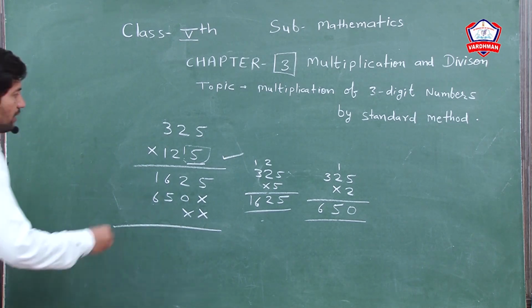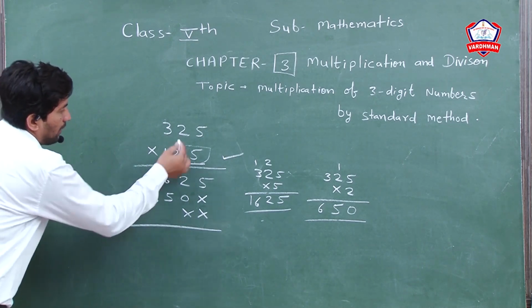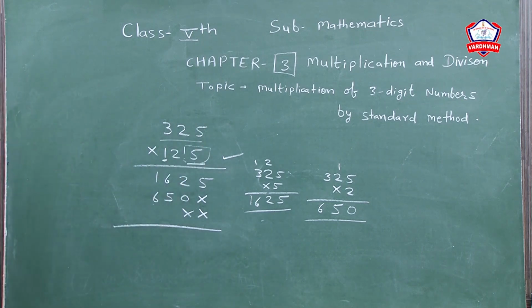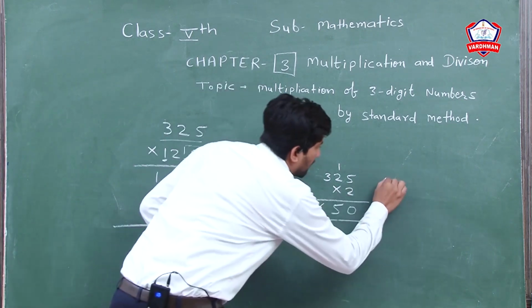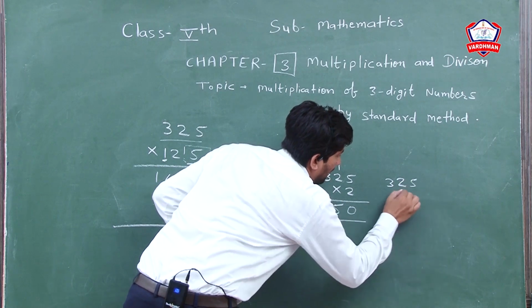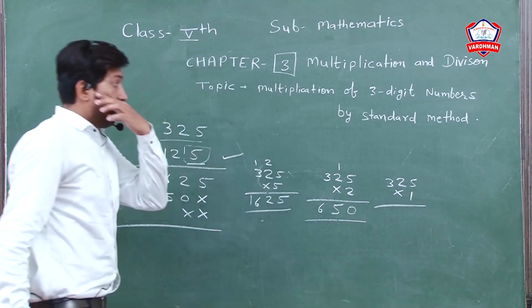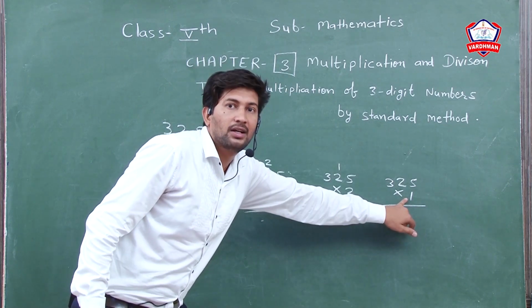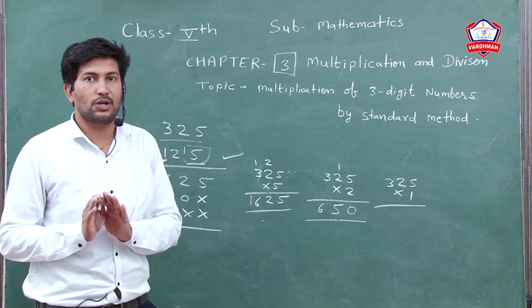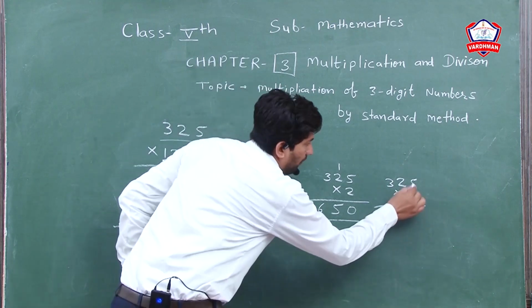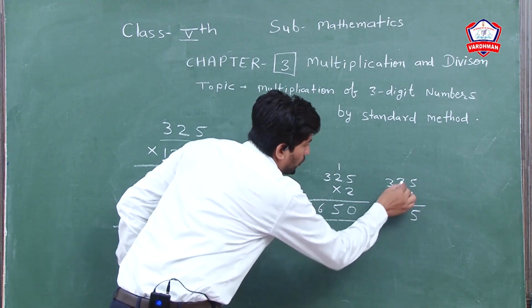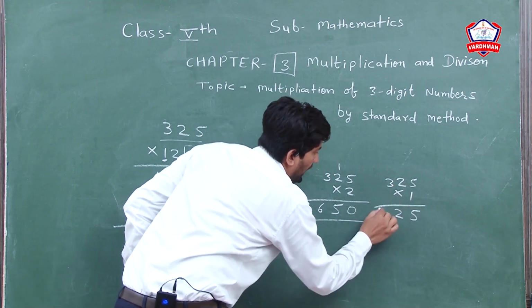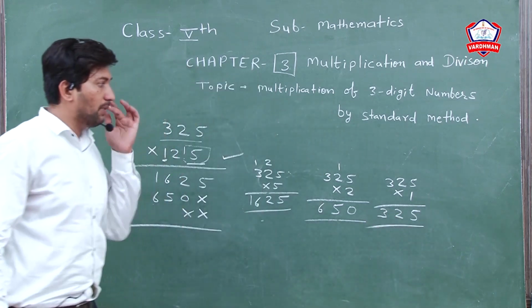Okay. Now we will discuss multiplying 325 by 1. When we multiply any number by 1, its product is the same number, because 1 5 is 5, 1 2 is 2, 1 3 is 3. It's also the same number.